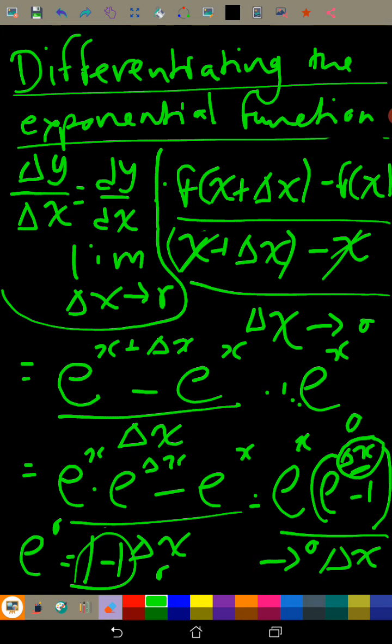But this is 2 something, 2 point blah blah blah. Since it's not 0 but a small value here, it's going to be 2 minus 1 actually, and then it's going to be 1 times this. So this is how they prove it.